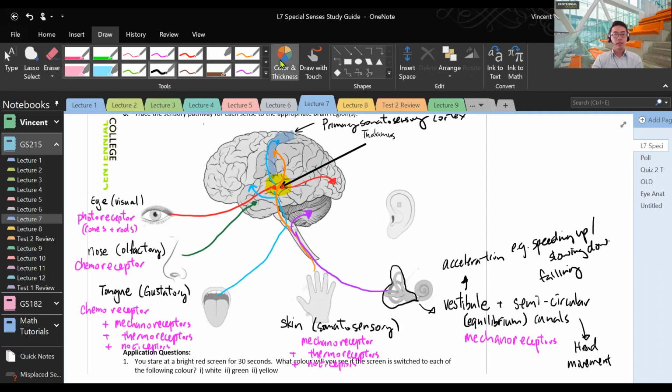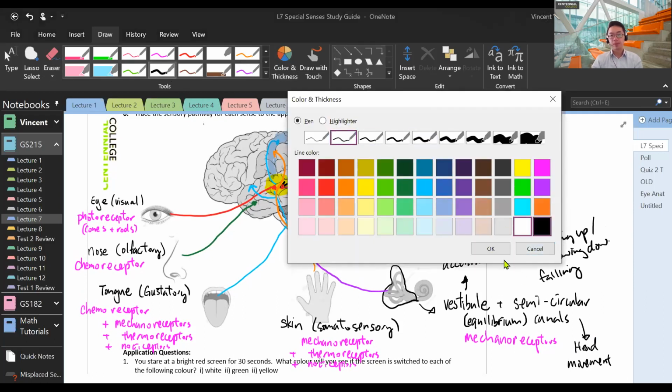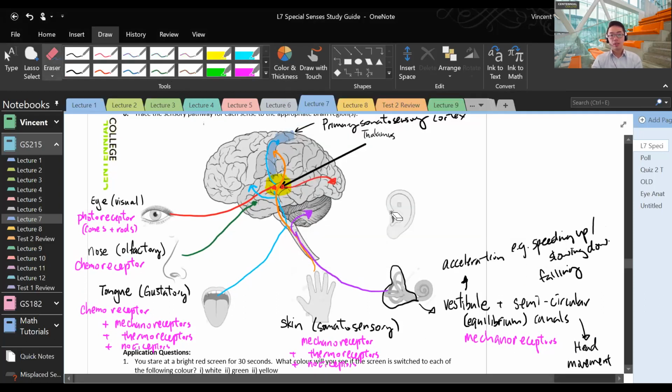Lastly, we have the ear, which is right here, and that is for auditory.